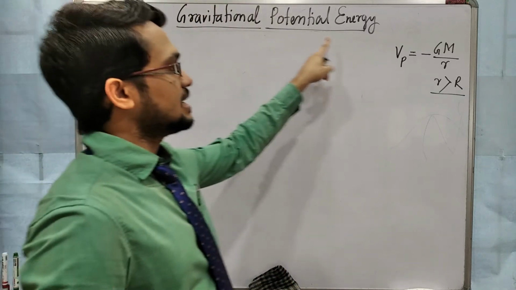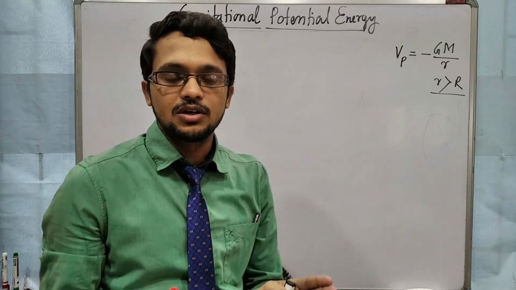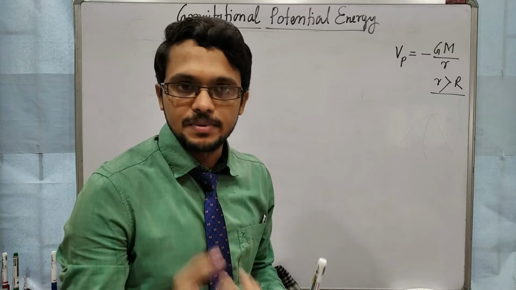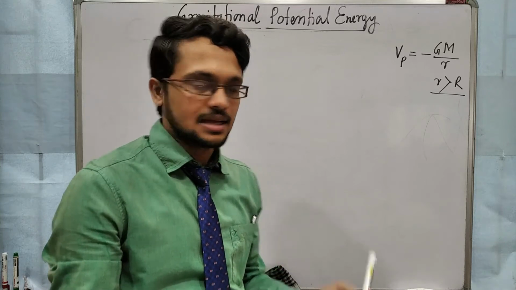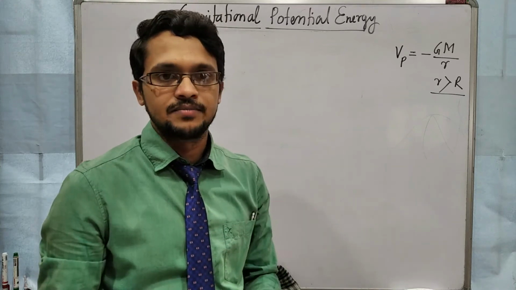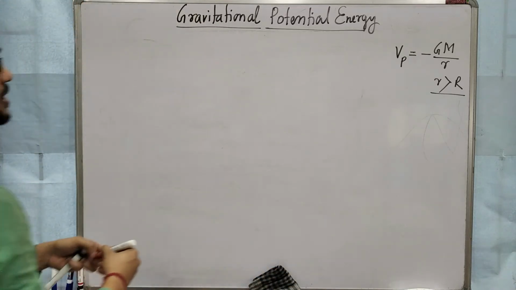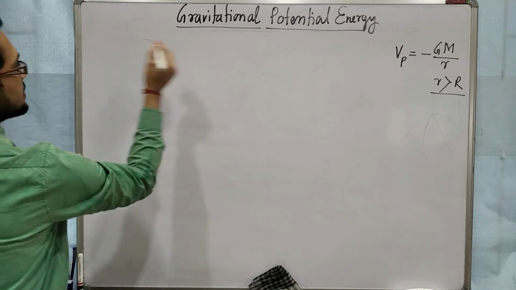Here, for potential energy, we will not talk about unit mass but any amount of mass. If it is unit mass, then potential energy and potential will be equal; otherwise they will be a little different.